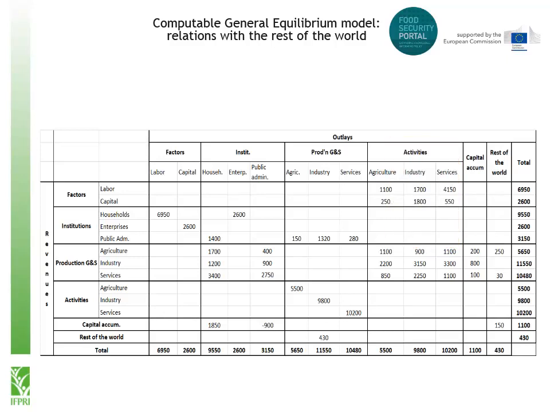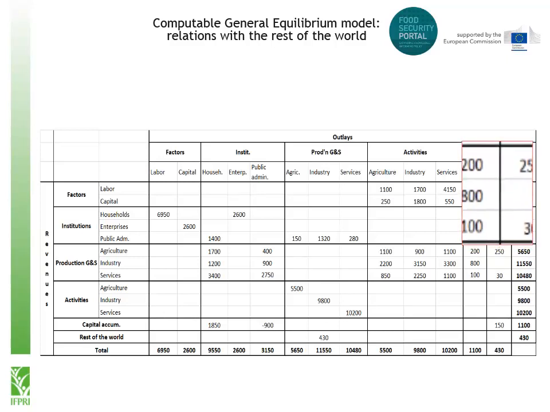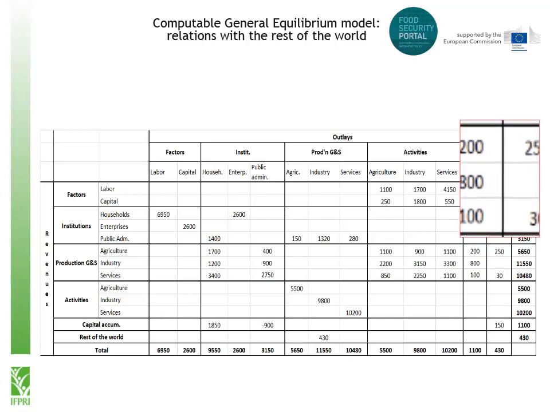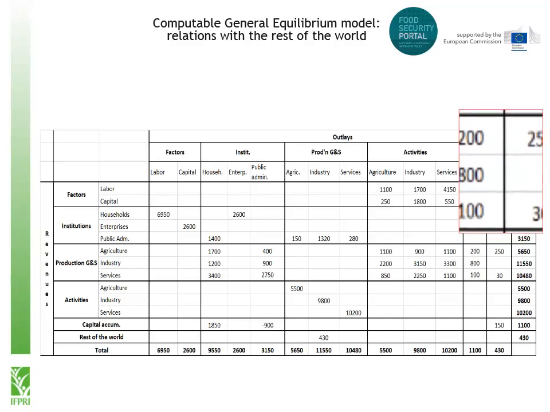And then you have another source of demand. In the previous social accounting matrix, you've got only final consumption, public consumption, demand for firms either for intermediate consumption or for investment. And now you have the demand from the rest of the world, that is to say exports. And you've got exports in agriculture and in services.